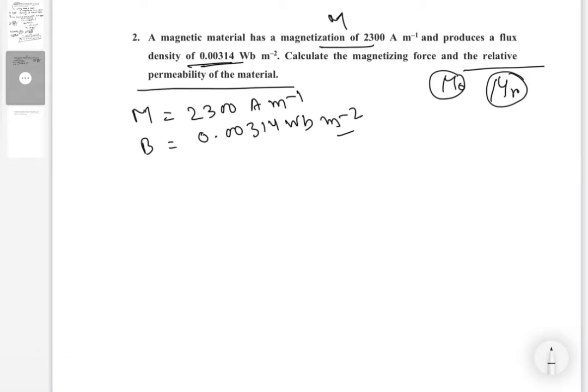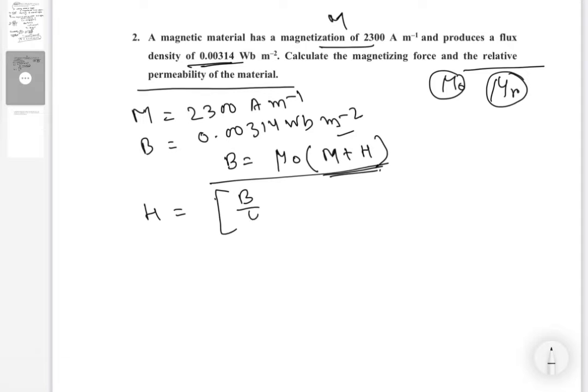Now what is B? In the previous equation we had B equal to mu naught into M plus H. If we rearrange this equation, then H would be B by mu naught minus M, and that would be 0.00314 divided by 4 pi 10 to the power minus 7, minus 2300.